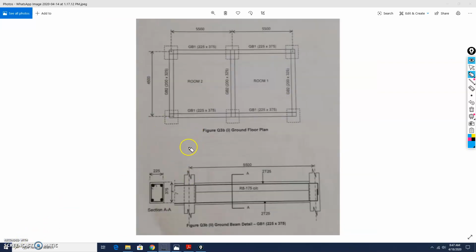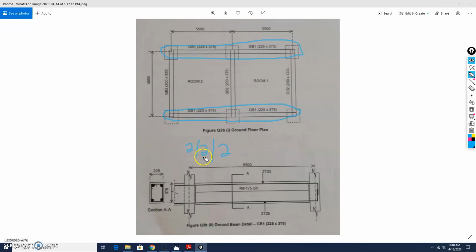For the time sink, it will be 2/2/2. Right, so the first 2 refers to this section. Because the reinforcement just now is straight from this end to this end, we assume that we have 2 GB1.